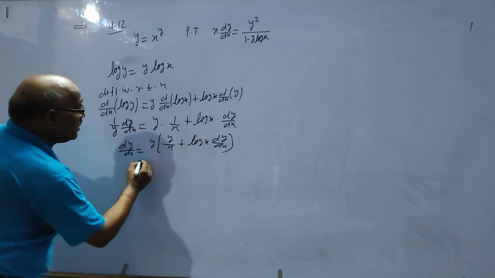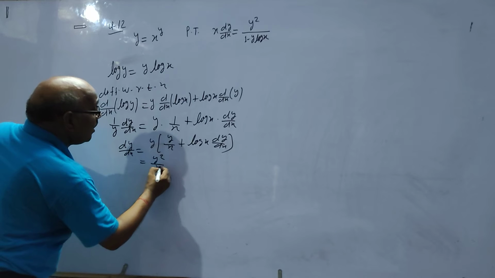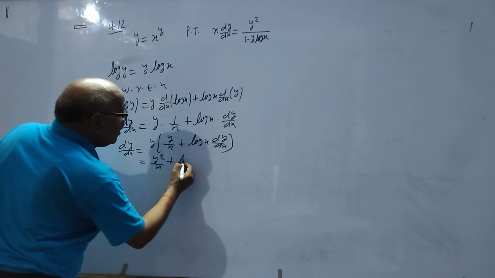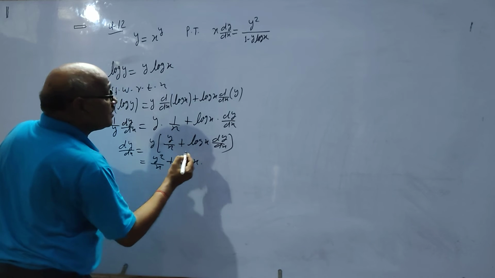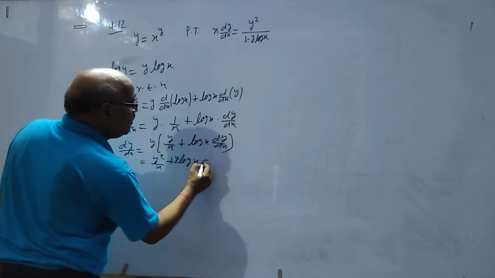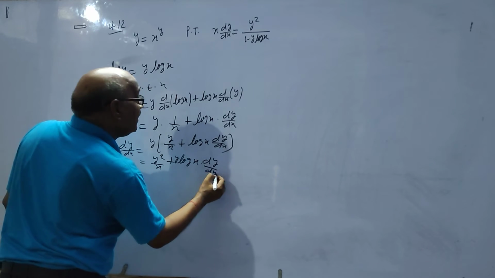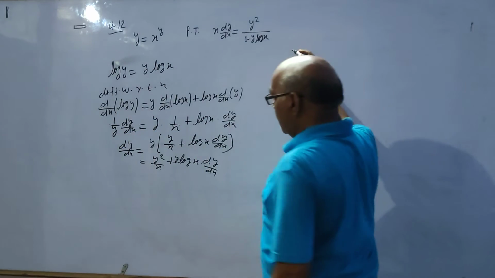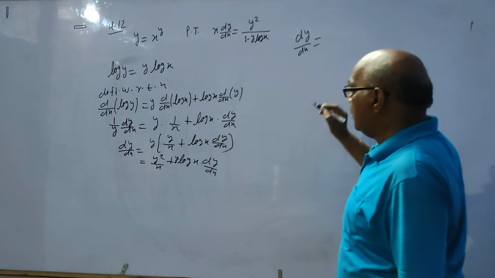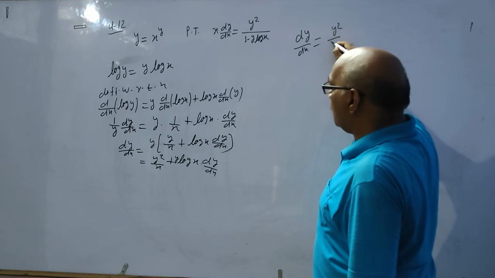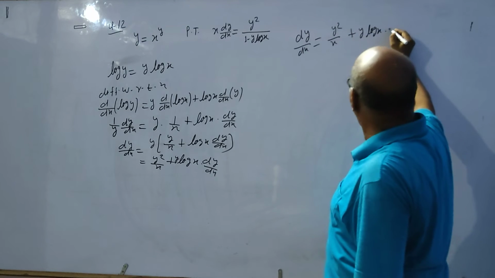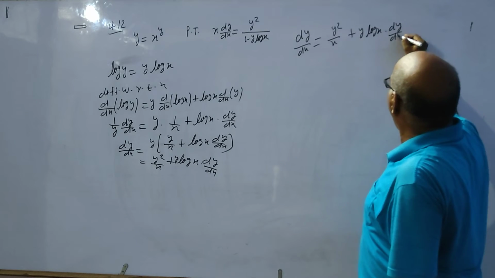Open this bracket: that is y square upon x plus y log x into dy over dx.